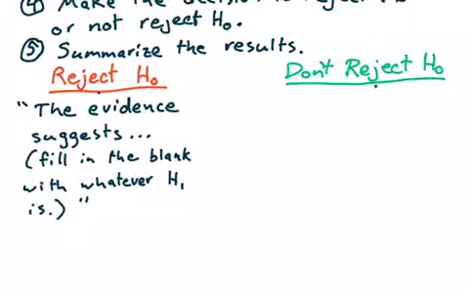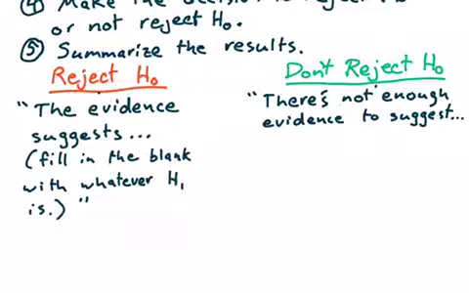We are going to be employing Polya's method, where we're going to want to come up with a verbal answer to the question. All right, what happens in the instance where we make the decision to not reject the null hypothesis? Let's go over that.